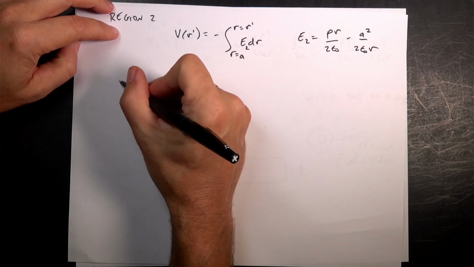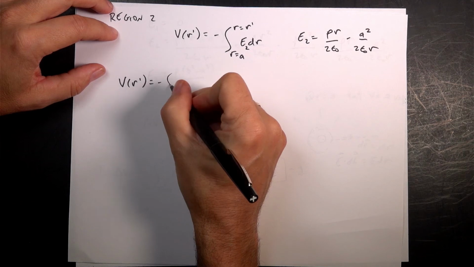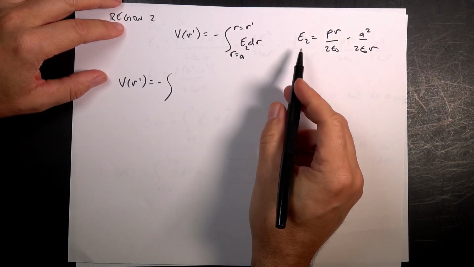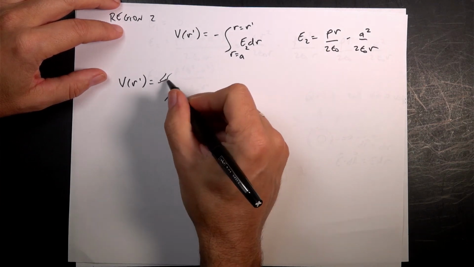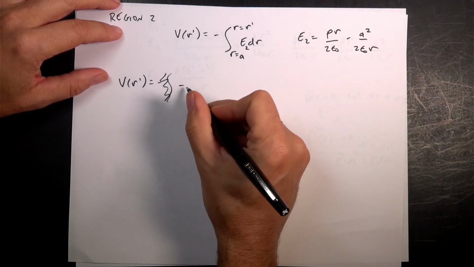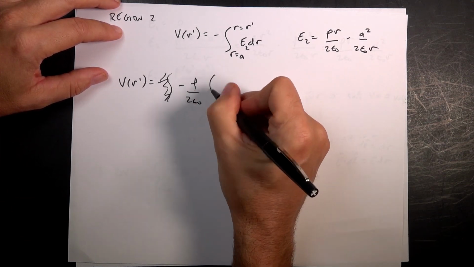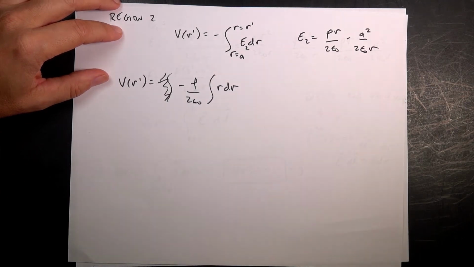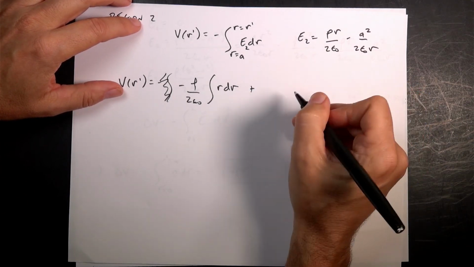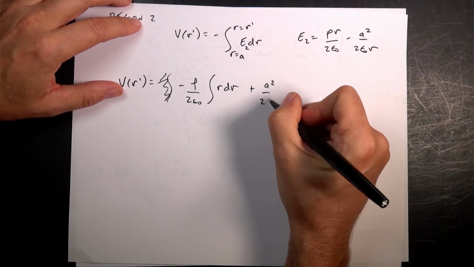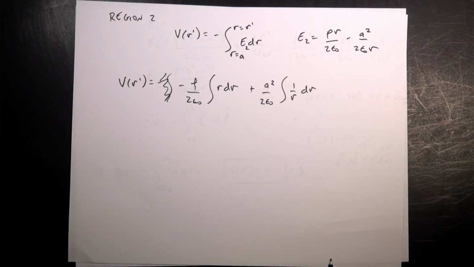So now I just need to integrate, so I can say V of r prime is going to be equal to negative. Let's just integrate, then do the limits. So I actually have two integrals, right? Because I have two terms. Negative, I'm going to pull out all the constants. Rho over 2 epsilon naught, integral of r dr. That looks easy. Okay. And then I get minus and negative, so I get plus. I'm going to pull the constants out. A squared over 2 epsilon naught, the integral of 1 over r dr. Not impossible.